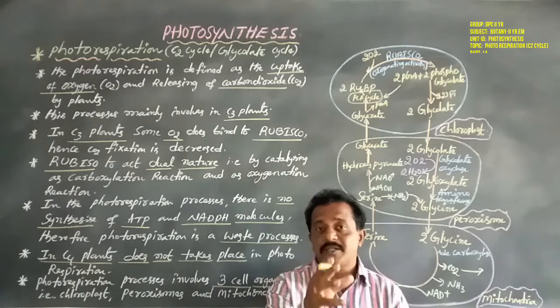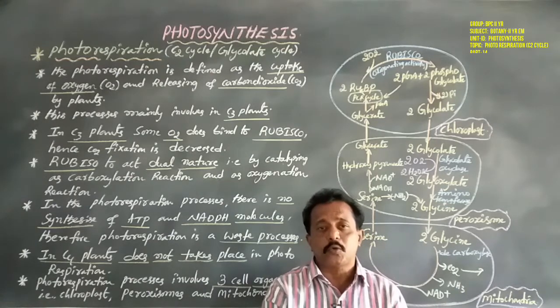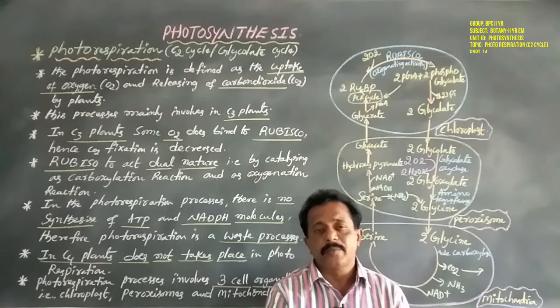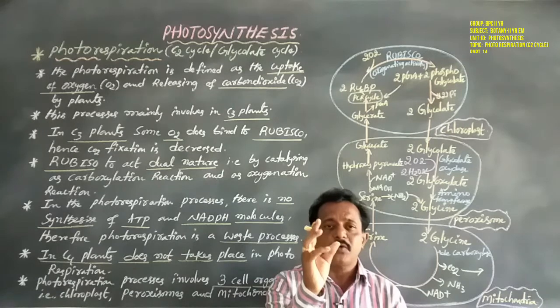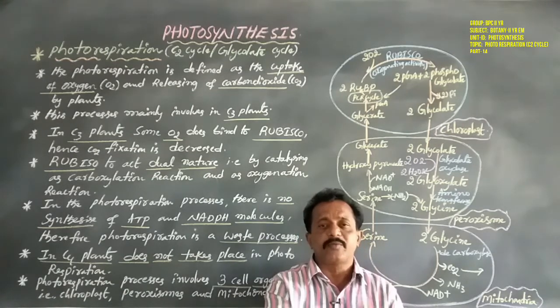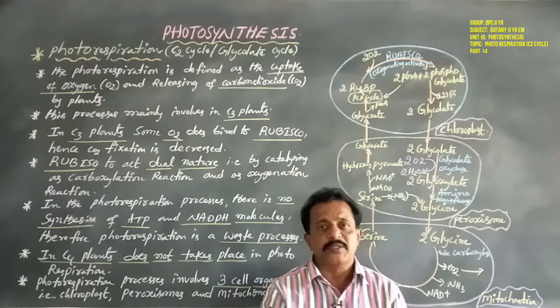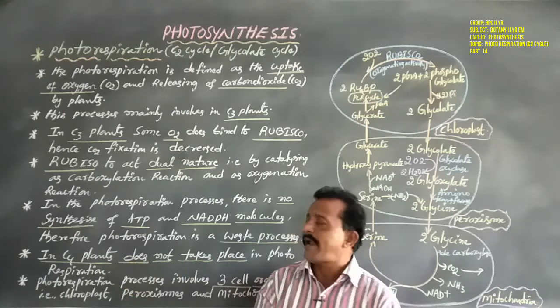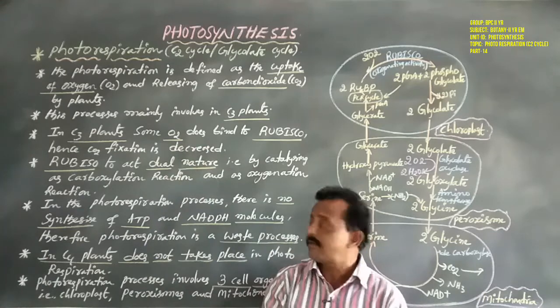This higher concentration of carbon dioxide is used to make one mole of glucose through the PCR cycle. Hence the CO2 concentration is very high in the bundle sheath cells, so photorespiration does not occur in C4 plants, but only in C3 plants.